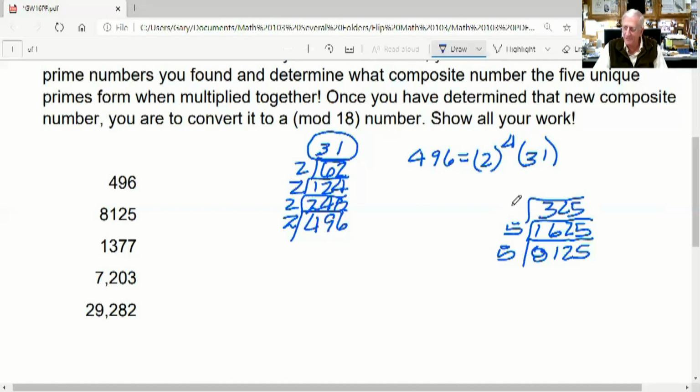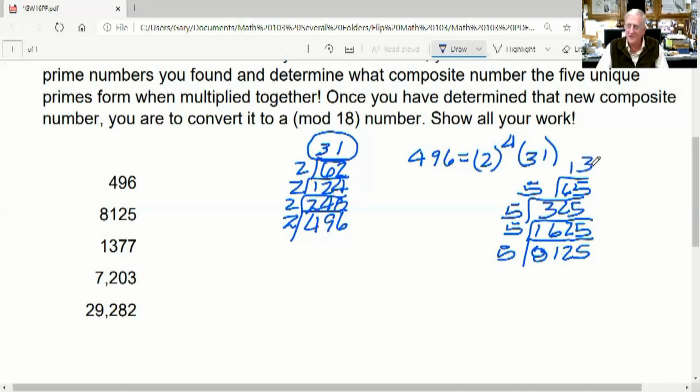And I'm going to divide that by 5 also. I'm going to hit divided by 5 equals, and I get 65. And you know that's divisible by 5 as well. So we should get the different prime now in this series of numbers. And of course, it's going to be what? It's going to be 13.